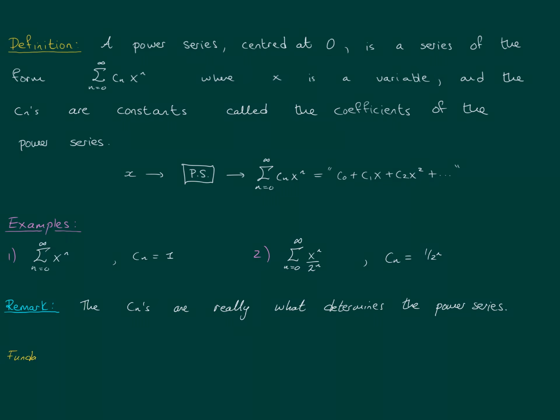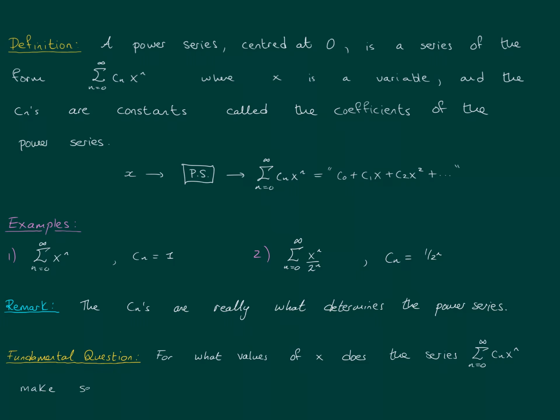Now, fundamental question. If we want to think of this as a function, as a machine, what is the fundamental question for any machine? Well, that is, what can you put into it? For what values of x does the series, the sum from n equals 0 to infinity of Cn x to the n, make sense?